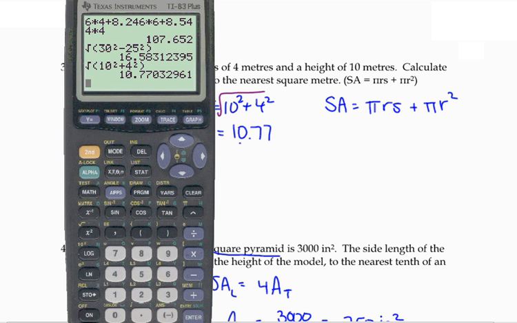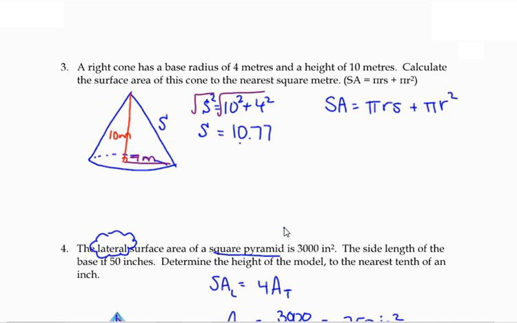Okay, so 10.77. Now do we have enough information? Yeah, so pi, you leave it as pi, times 4 times 10.77 plus pi times 4 squared.